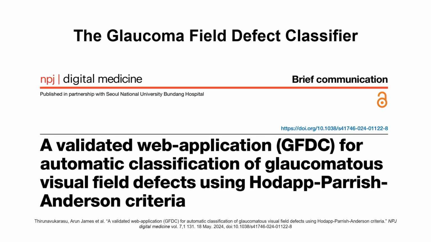Depending on this, some clever authors generated a web application for automatic classification of the glaucomatous visual field using the Anderson criteria, and they named it the glaucoma field defect classifier. They have a website, and their paper was published in the Nature Digital Medicine journal.